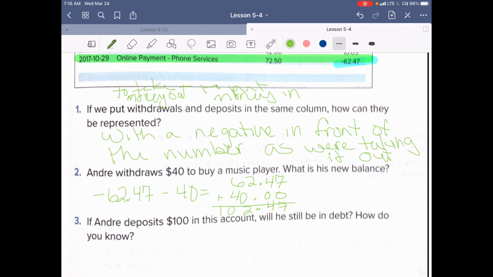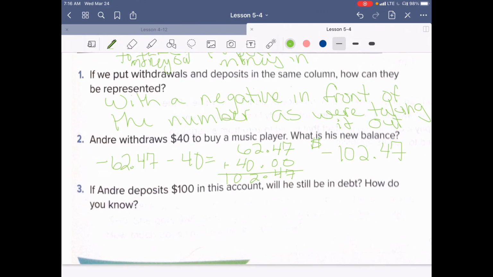So his new account balance, because it's a negative and a negative, it's going to stay negative. He would have negative $102.47. So he owes his bank $102.47. I want you to try number 3 on your own.